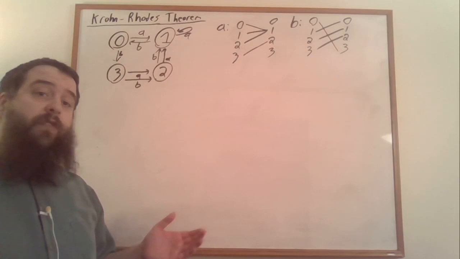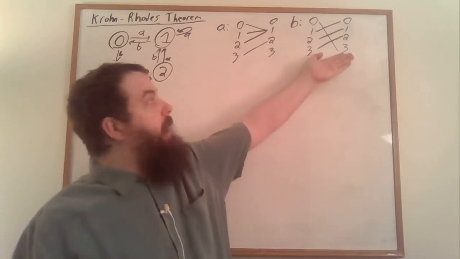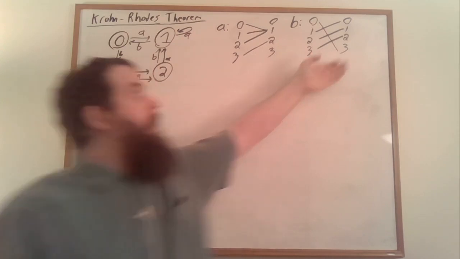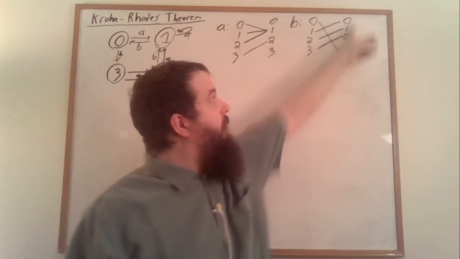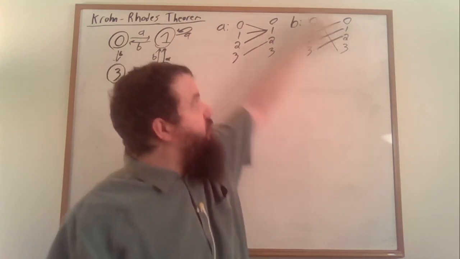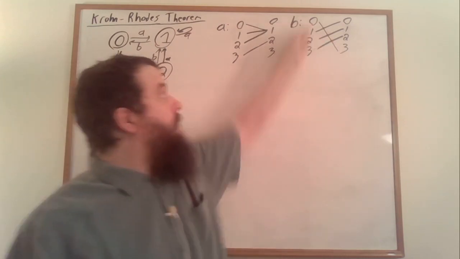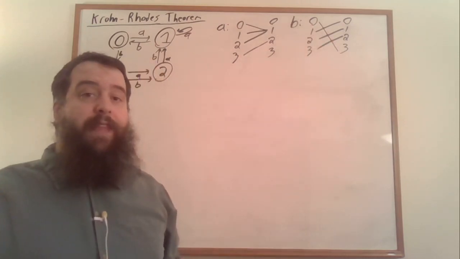Now there's two extremes for what sorts of functions we could be looking at. We could be looking at a permutation. And so if we know what state we wound up in, and we know what character we just read, we can undo that function. That function's invertible, to figure out what state we were in before we read that character.